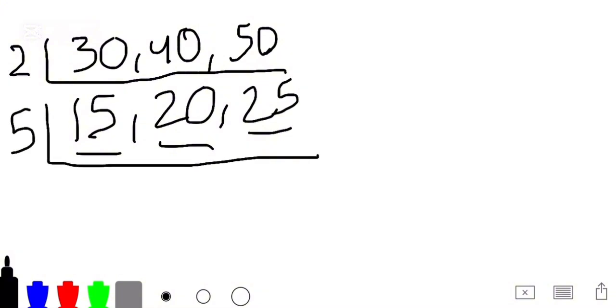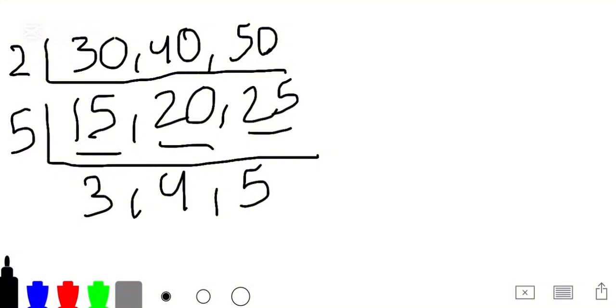And so with 5, we can break it down even more, and we're left with 3, 4, and 5. Even though 4 is not a prime number, we still can't divide any of these evenly, so we just leave it like that. And we can notice that it's really similar to GCF, right?